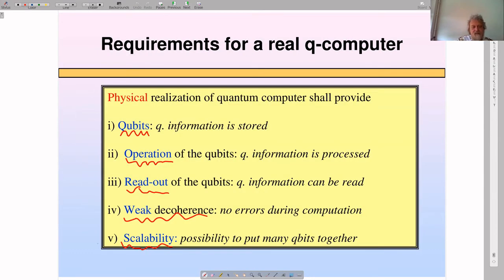Before I go on, I would like to answer a question which you have not actually asked, but at least in early times, students have asked this question frequently, and the question was when a quantum computer will be available.